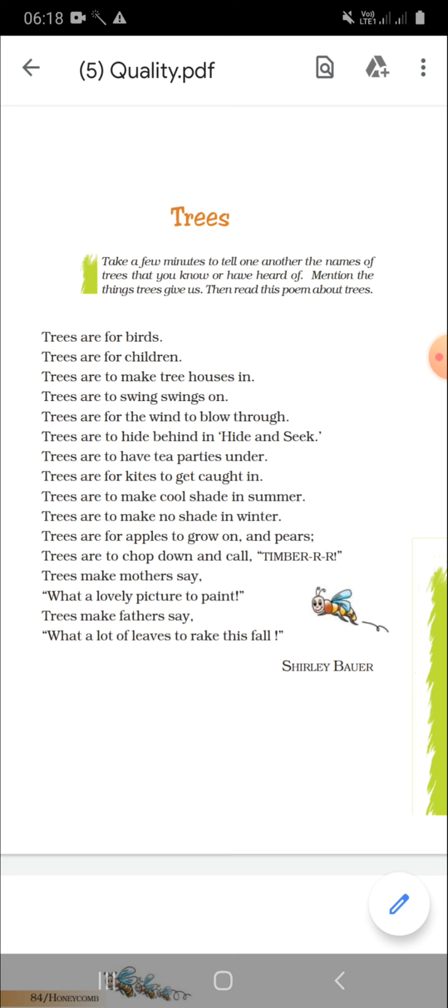Now, the first four lines begin by telling us who all trees are for or what activities trees are for. For birds, because most birds are always perched on top of trees or their branches or even have their houses in them. Trees are for children to play around, to use as a central pole when you're running around or anything really. Children also benefit from trees.